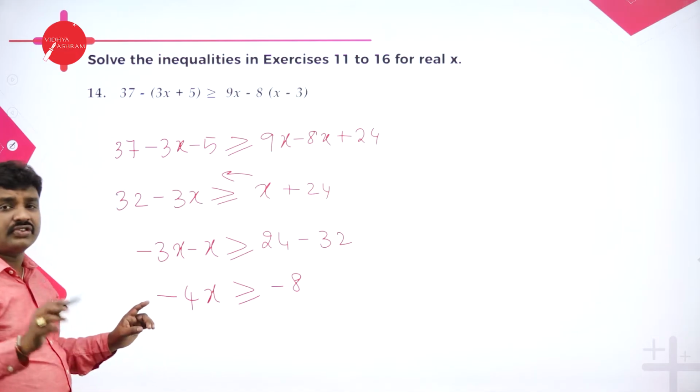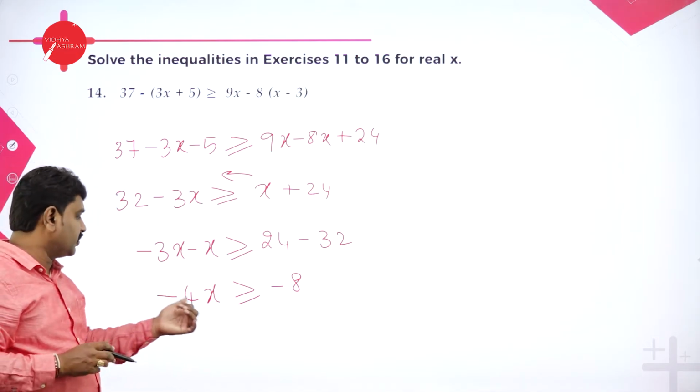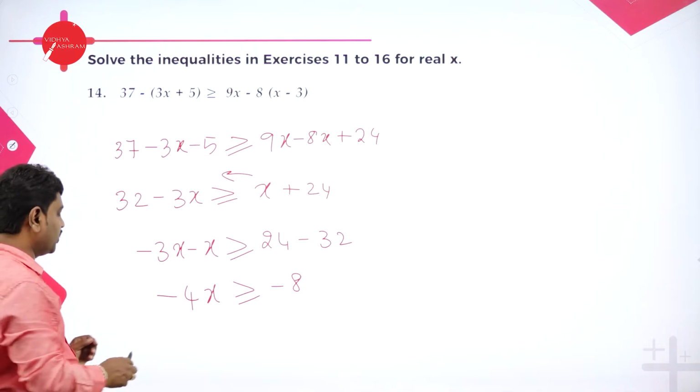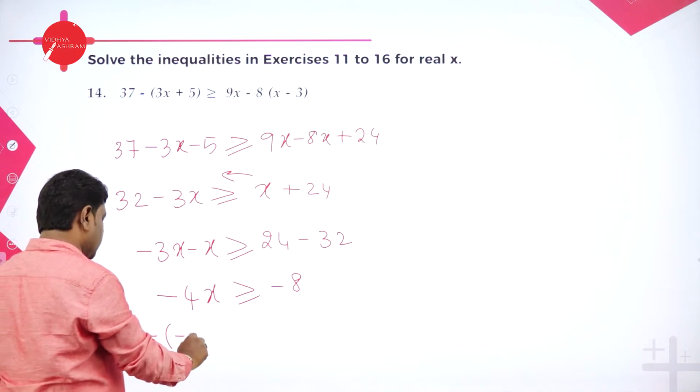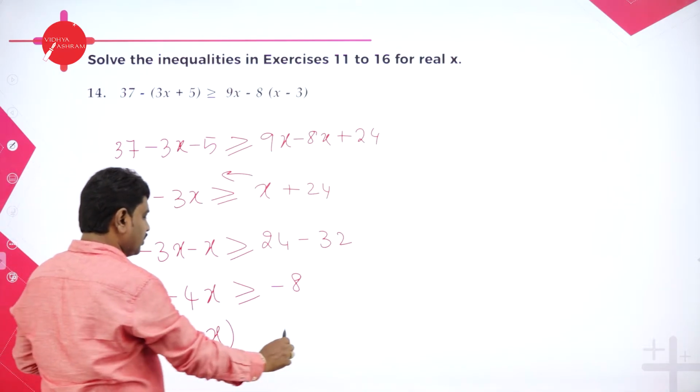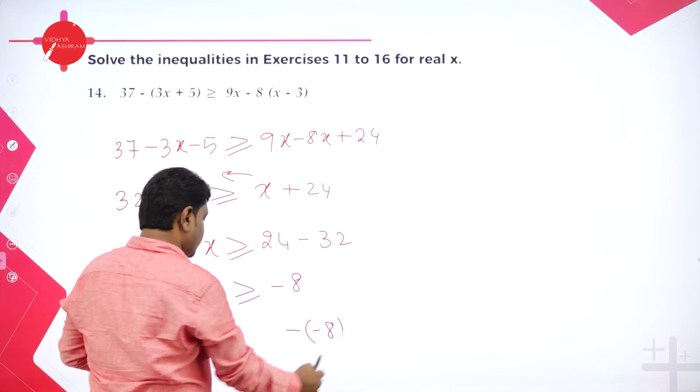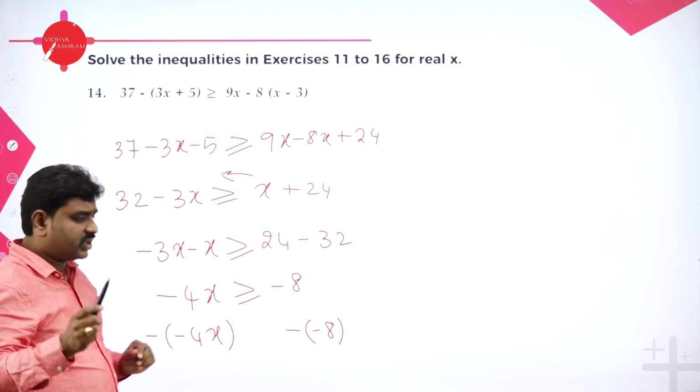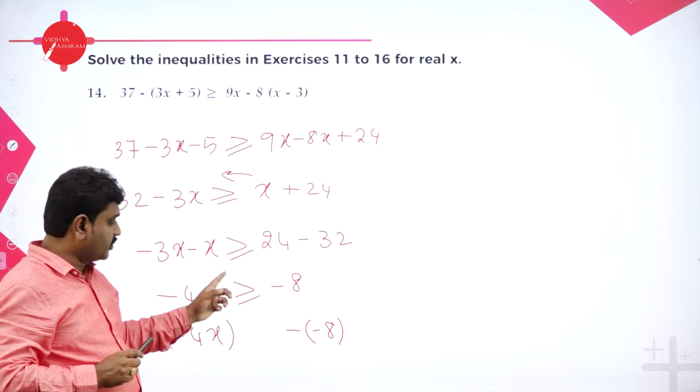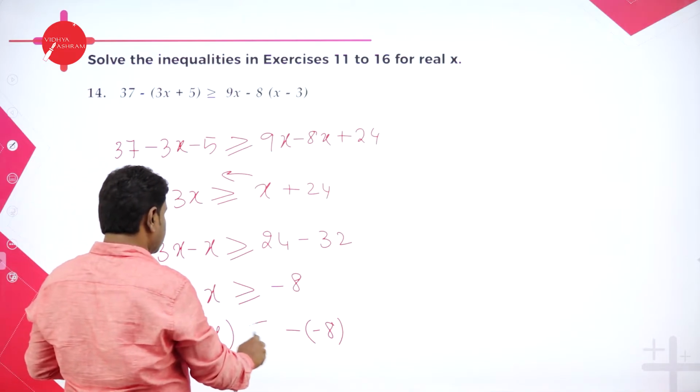I told you always the x coefficient should be positive, but here we have minus 4x, so multiply minus on both sides, so it will become minus of minus 4x. Right side it will become minus of minus 8, and whenever you multiply a negative sign, the relation changes. It was greater than or equal to, now it will become less than or equal to.